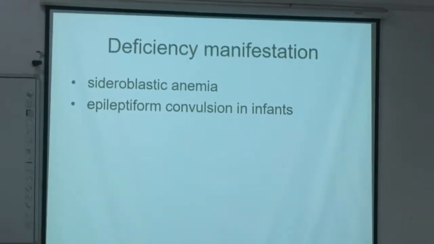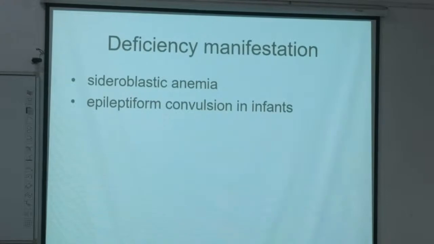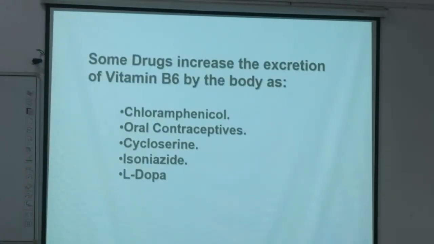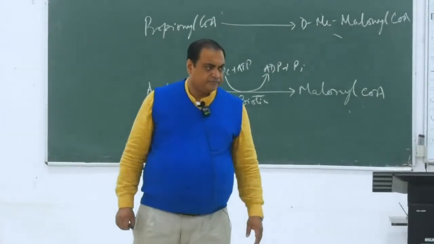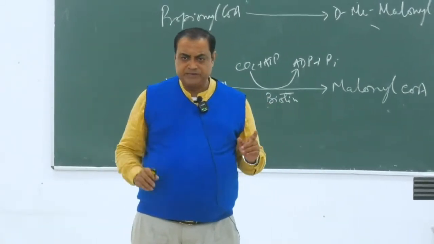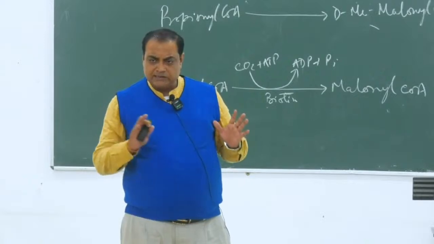What are the other manifestations? Sideroblastic anemia and convulsions among the infants. What are the drugs that interfere with B6 metabolism? They over-utilize B6. So the story will come like this: a patient undergoing such and such therapy.